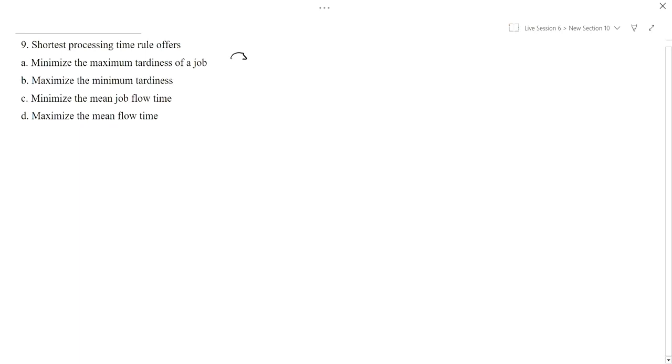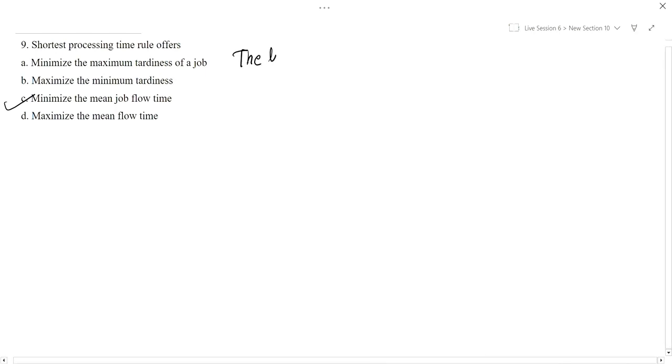So for this we will do a short question where you will be clear. Same question we will take the previous example. The correct answer: minimum the mean job flow time.